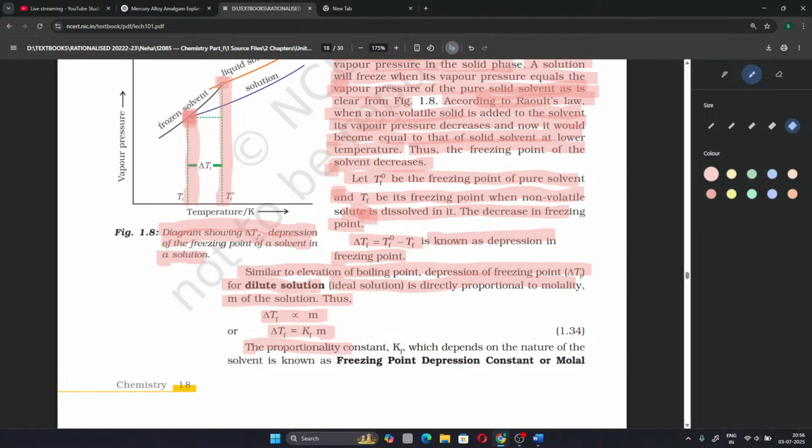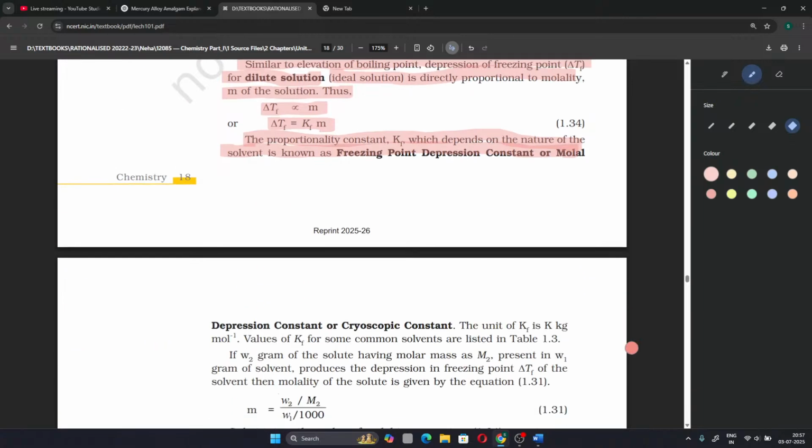The proportionality constant Kf, which depends on the nature of the solvent, is known as the freezing point depression constant, or the cryoscopic constant. Ebullioscopic for molal elevation, cryoscopic for freezing point depression.